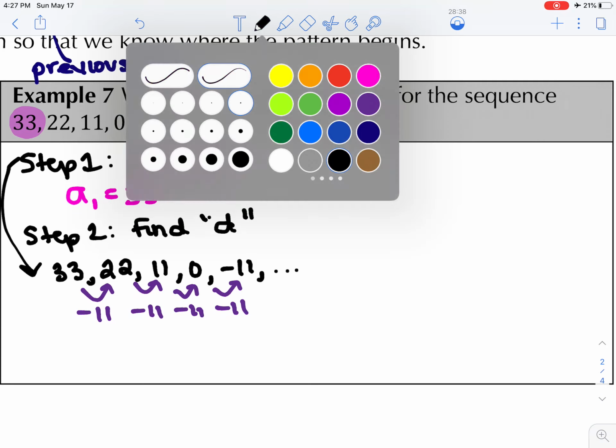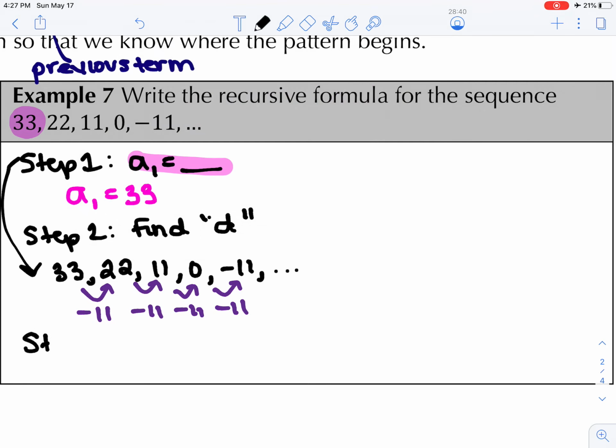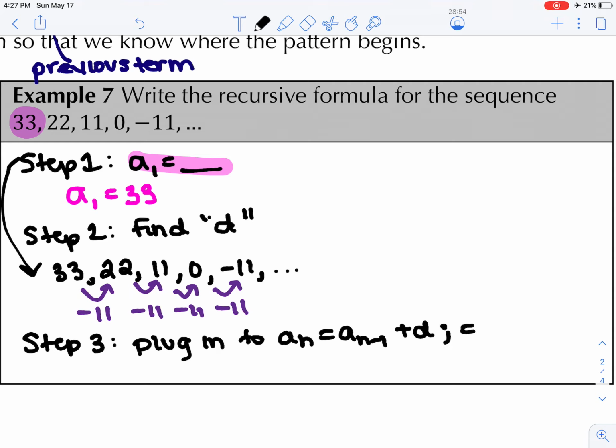Finally, we just need to fill in the pieces. Plug in to that form, a sub n equals a sub n minus 1 plus our common difference, making sure that we state our first term. We want to make sure we identify where this pattern starts.